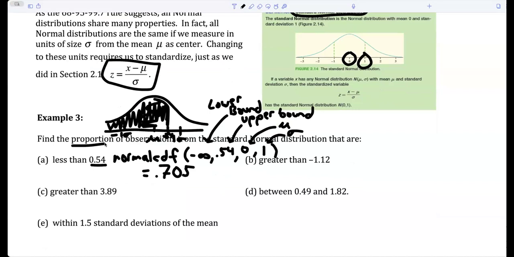Okay, let's do another one. This says greater than 3.89. So I'm going to do normal CDF. This time my lower bound is going to be the z-score 3.89.